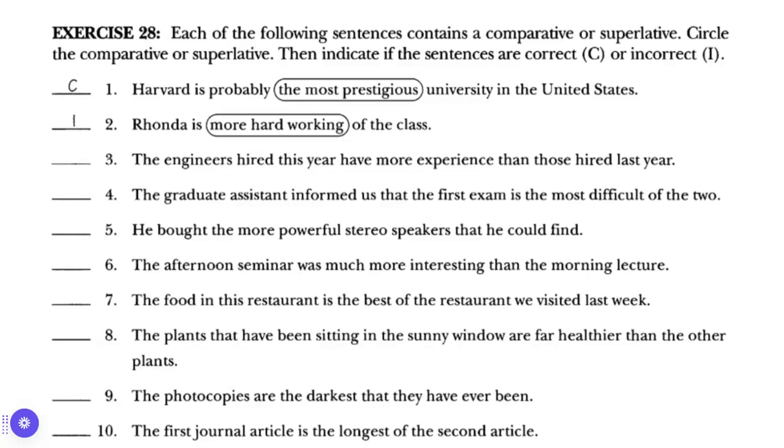"More" should be "most." Number 6, correct. Number 7, incorrect. "The best of" should be "better than the food in." Numbers 8 and 9, both correct. And number 10, incorrect. "The longest of" should be "longer than."